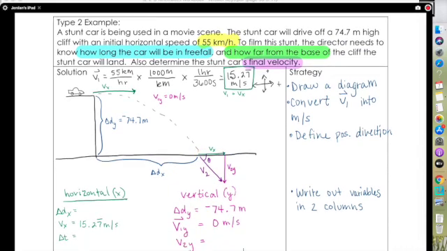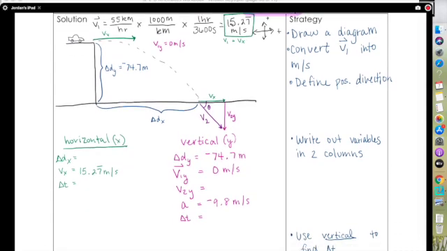The next step we need to do is write out variables in 2 columns. So I have our horizontal variables. The only horizontal one that we have is our initial velocity, which, when we calculated, was 15.27 repeating.